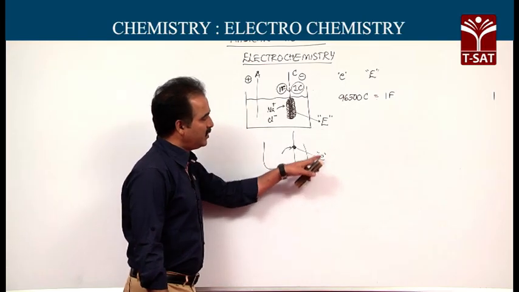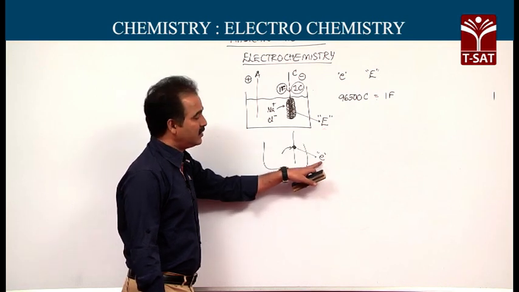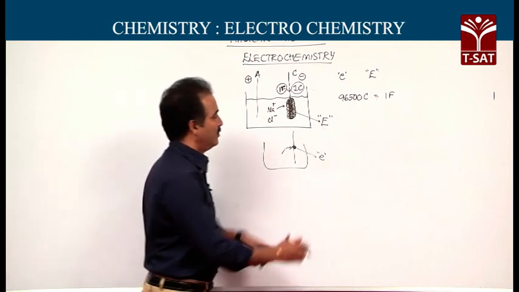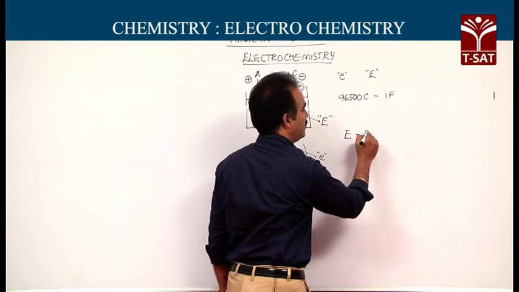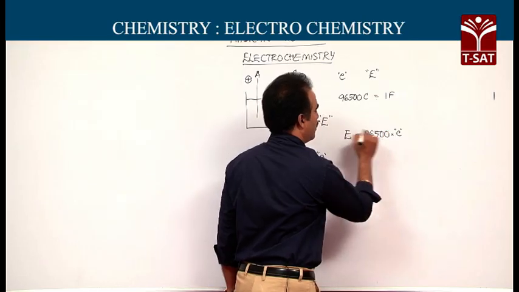And the relationship between these two is, this value is more, electrochemical equivalent is less, chemical equivalent is more. So, the relationship is E is equal to 96,500 times of small e.